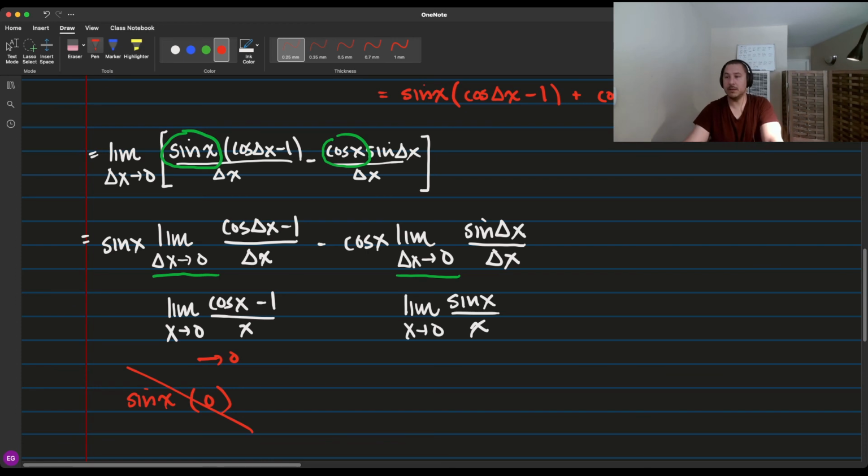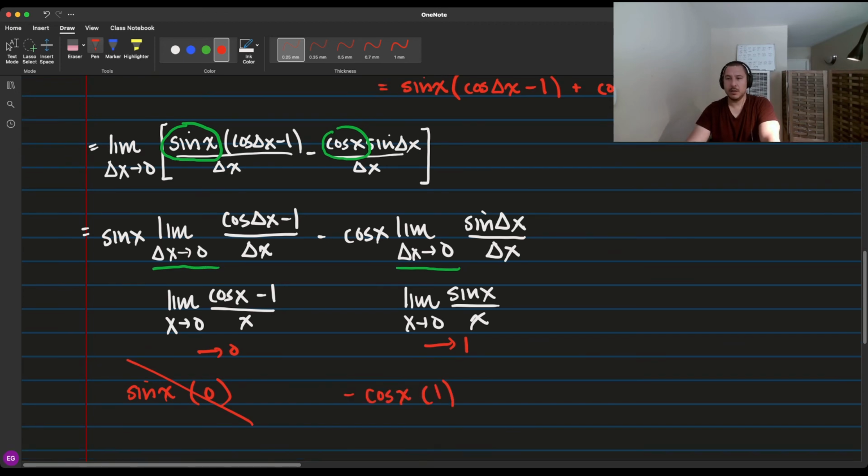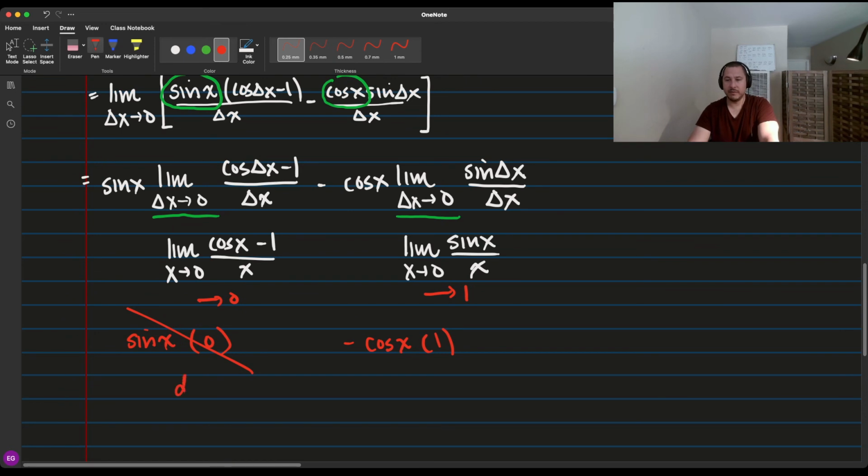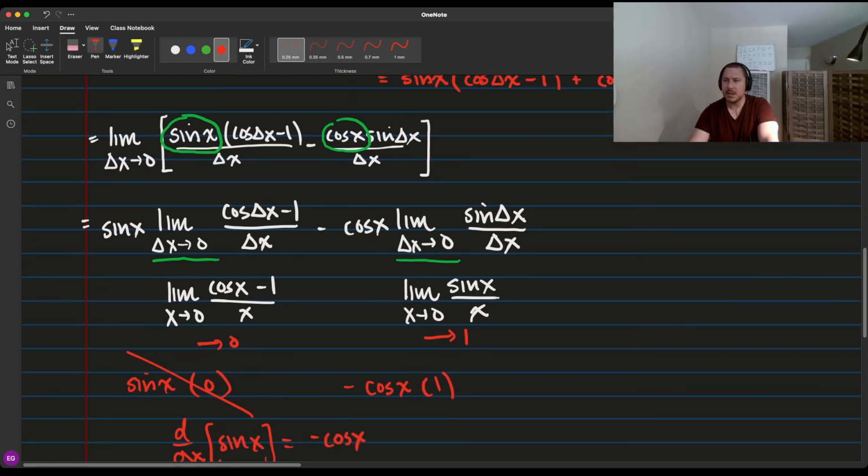So this limit seems to be heading towards 1, so you get minus cosine x times 1, which means our derivative of sine ends up being, ooh, it should not be minus cosine. I made a mistake somewhere.